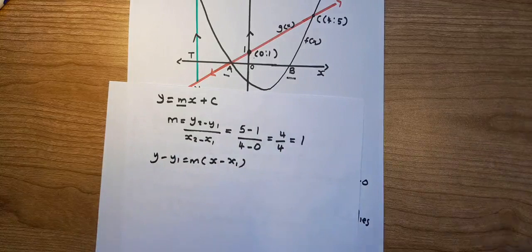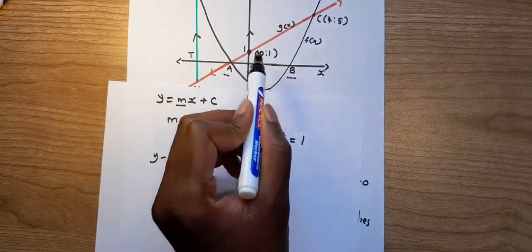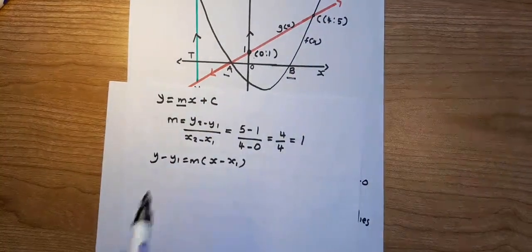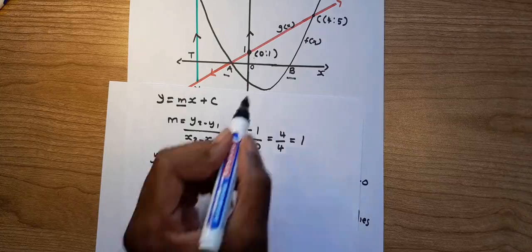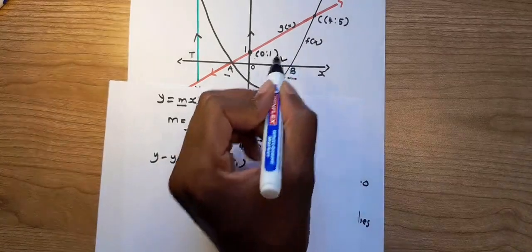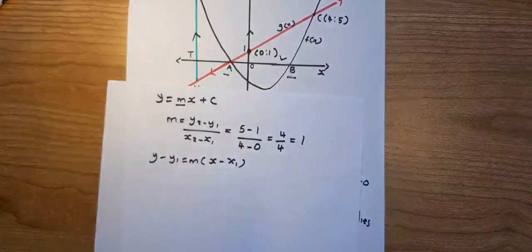If you want to be smart, because I'm also teaching strategic thinking, you don't just go into the exam and write everything. You need to have some sort of strategy of how you answer. You can choose any point, so choose the point that has extremely small numbers. This one has extremely small numbers because it is just 0 and 1, but at this point you have 4 and 5. You don't want to waste your time.